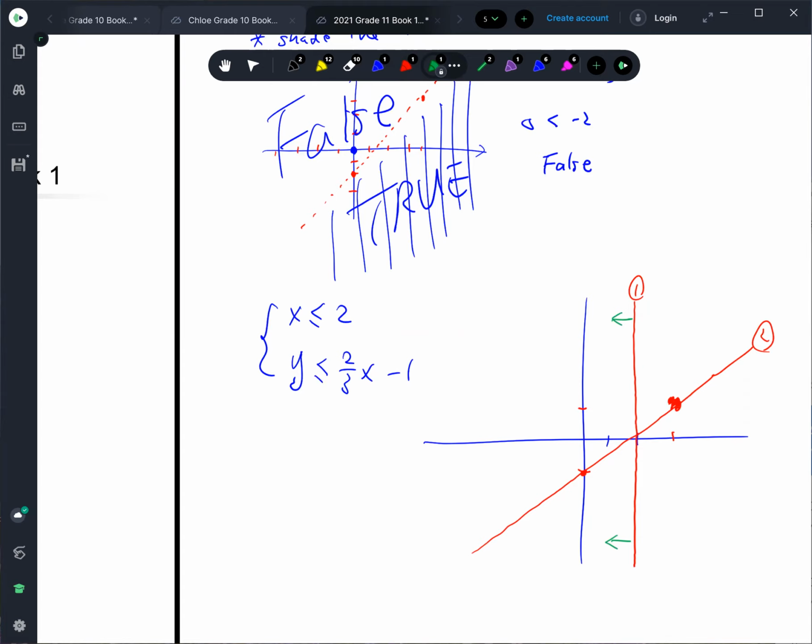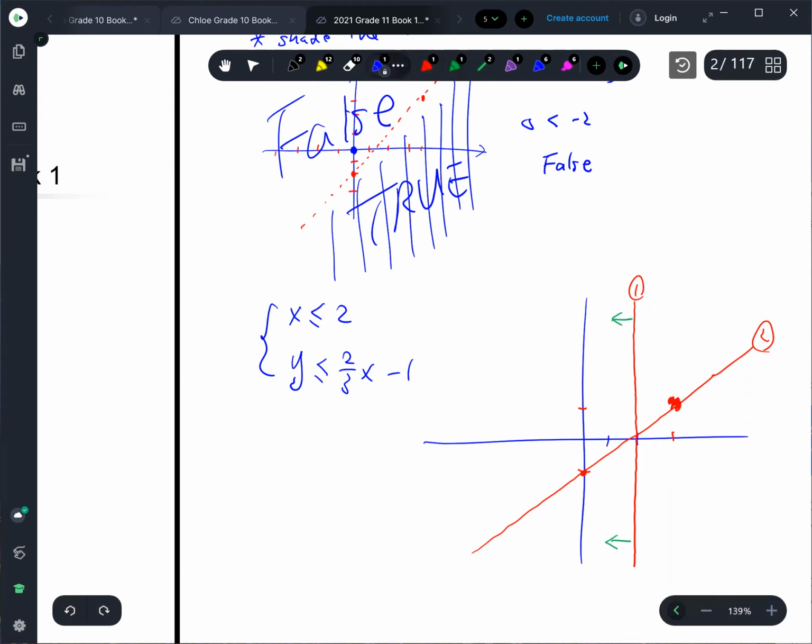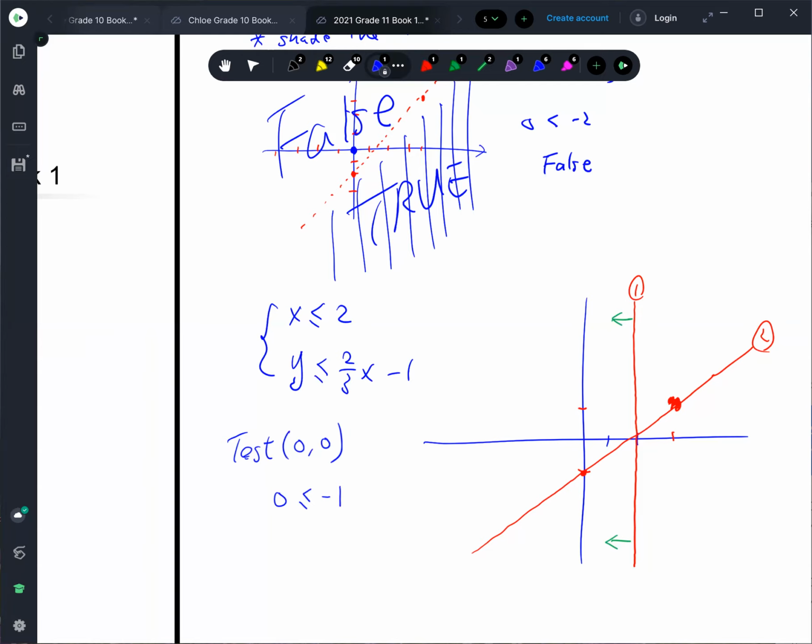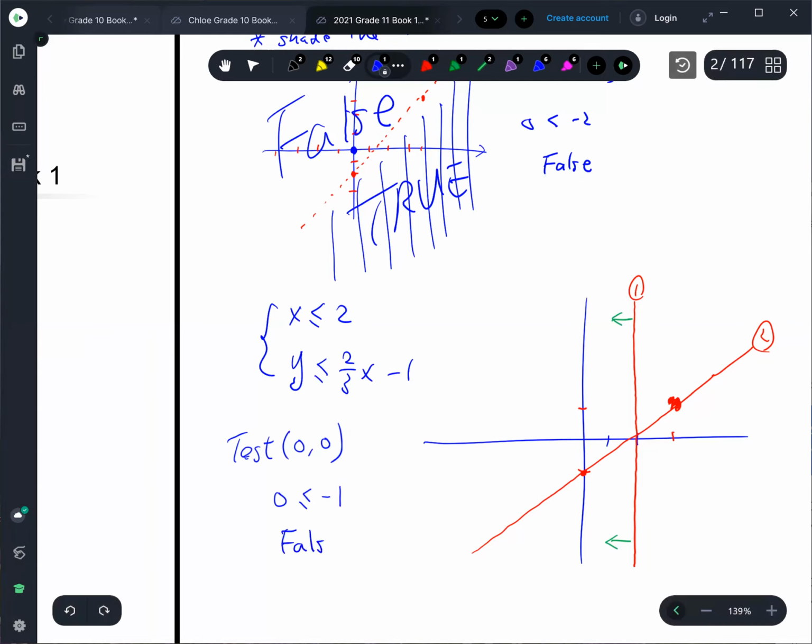For the second line, can we use 0, 0? Yes, so we plug in 0, 0. Is 0 less than or equal to -1 true or false? False. If 0, 0 is false, where do we do the shading?